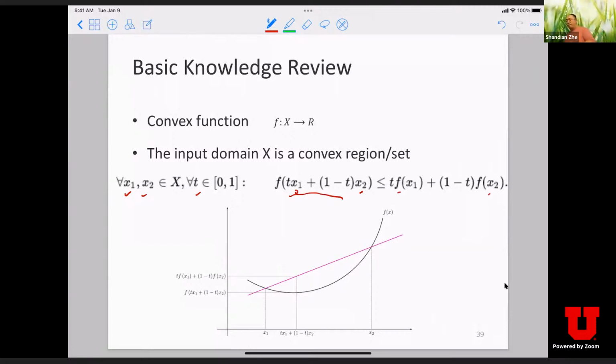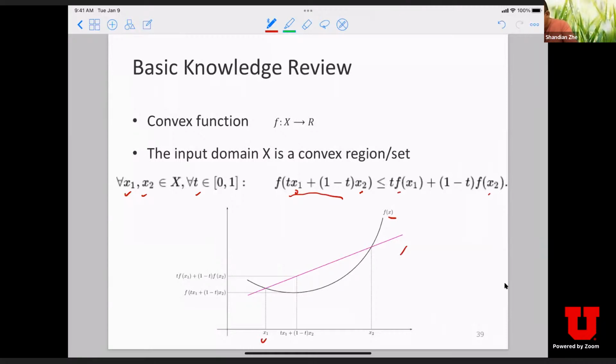The text description of this rule is kind of lengthy, but if you use a graph to explain, it's much more intuitive, right? So this is a typical convex function.